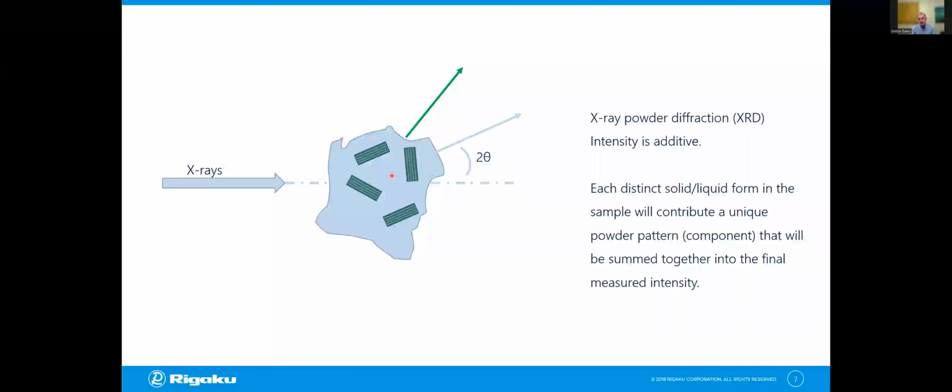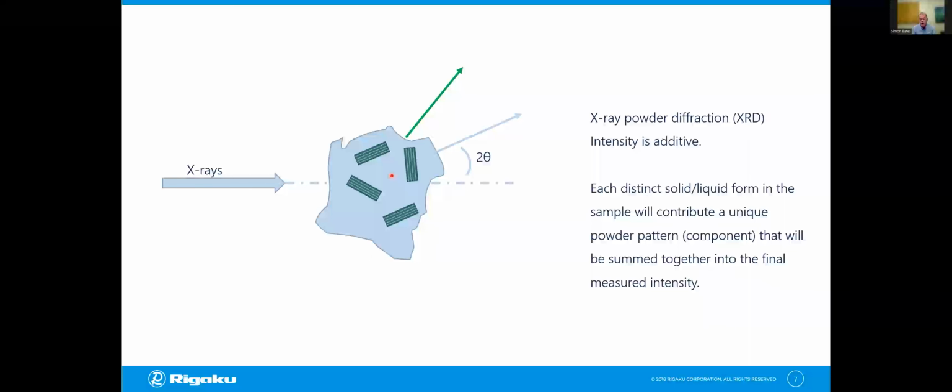So if you have distinct phases inside a material, whether they're liquids or solids or even voids or trapped gas or something like that, then the diffraction pattern from each of those phases or components within a sample will give a unique powder pattern, a unique fingerprint, and that's what we call a component in this case.